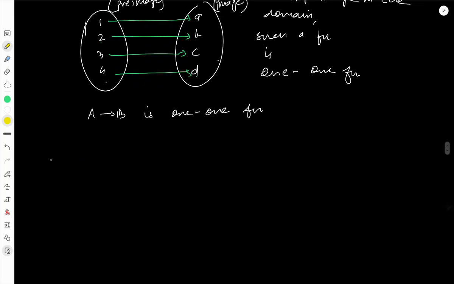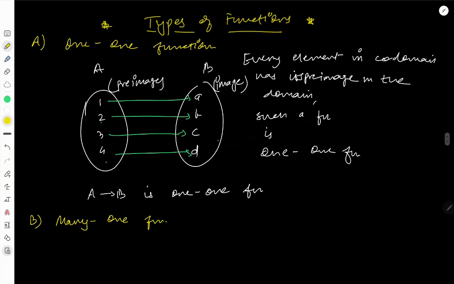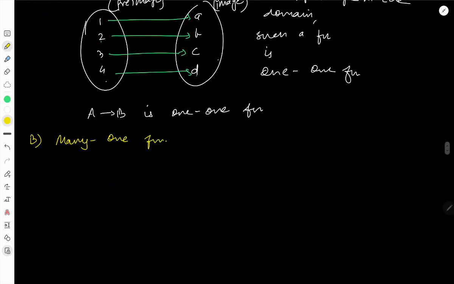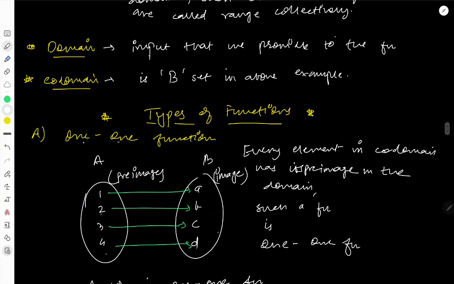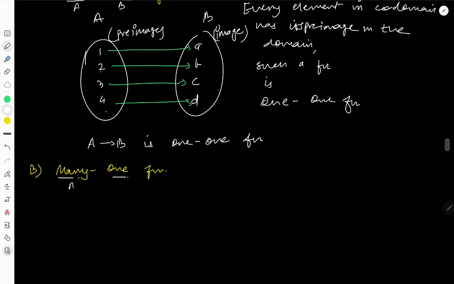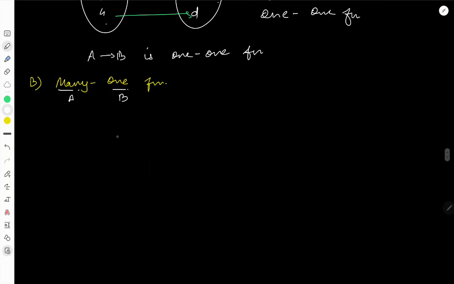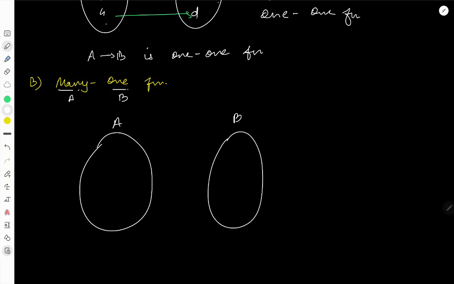And now let's move further. The second type of function is the many to one function, and now let us understand this. The word many to one. Now here it was one-one. So now let us assign one for A and one for B, many for A and many for B, and you will understand why I'm doing this, so that it becomes easy for you to learn it.